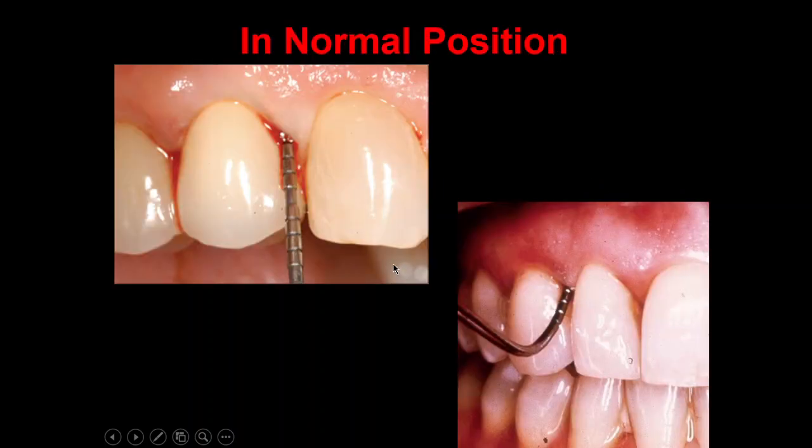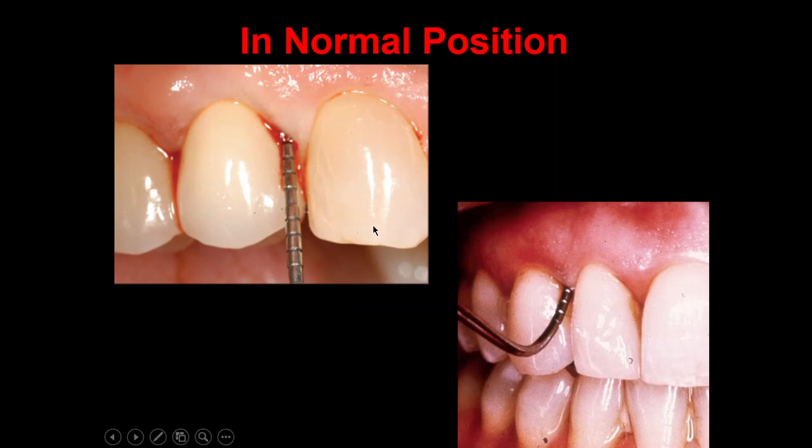How do we calculate the attachment loss? In the normal position, we don't have attachment loss because the pocket depth is from 1 to 3 millimeters. It is the depth of the gingival groove.